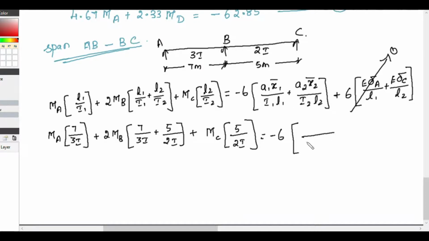So I1 is 3I and L1 is 7, plus I2 is 2I, L2 is 5.